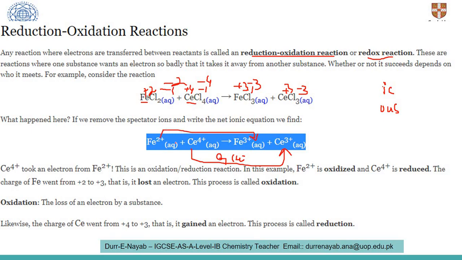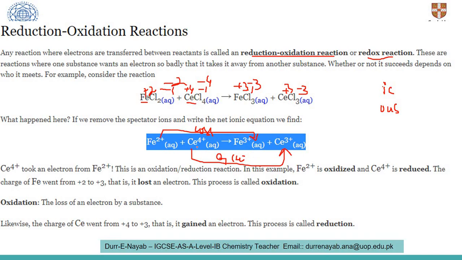So what do you think has happened? There is a loss of electron, by one amount. One electron is lost by the iron, and that one electron was gained by the cerium. So this gives us an idea that the cerium over here is acting as an agent which helps in the oxidation of the iron from +2 to +3, and itself gets reduced.